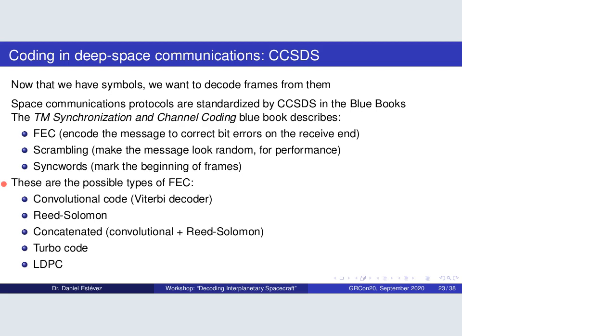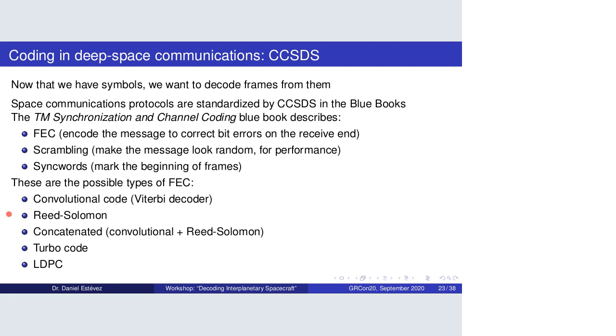There are a number of error correction algorithms used in the CCSDS Blue Books, and these are the following. There are convolutional codes, which are better known by the decoder, which is called Viterbi decoder. And you have a couple of Viterbi decoders inside GNU Radio. There are Reed-Solomon error correction algorithms also.